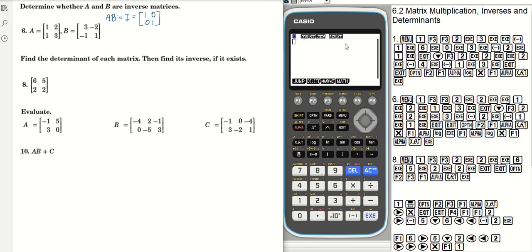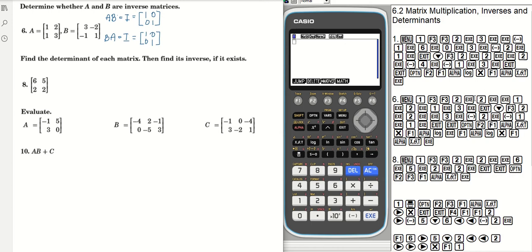The same as B multiplied by A is equal to I. If your answer is not 1, 0, 0, 1, it means A is not inverse of B and B is not inverse of A.